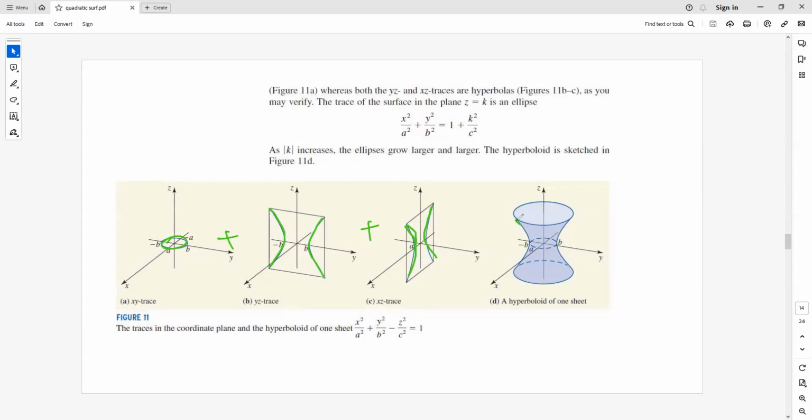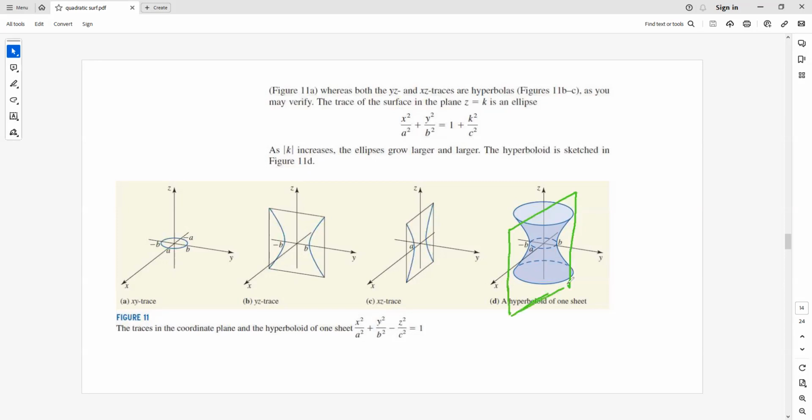This part is the yz trace, and similarly here we will have the xz trace. If we draw the xz plane, it will look like this.